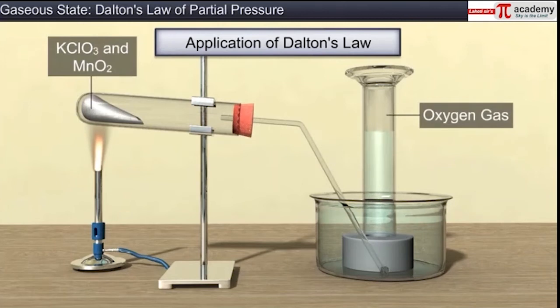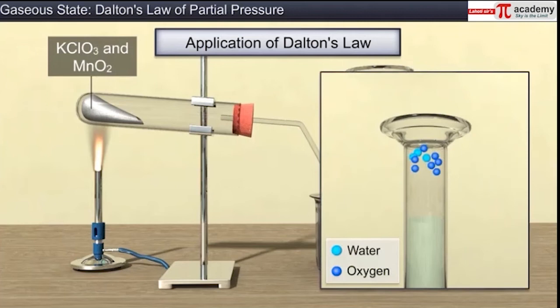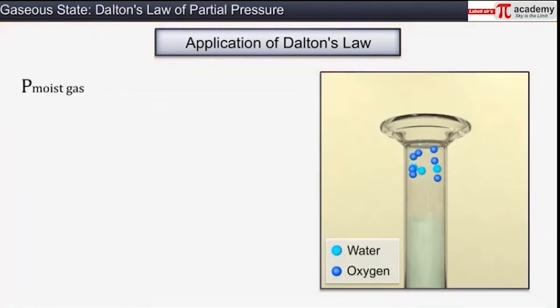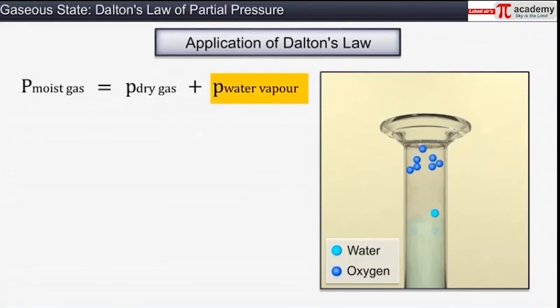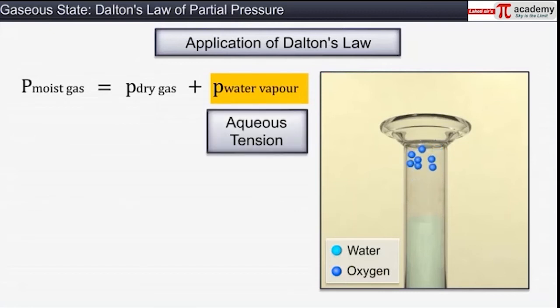As we know that a gas collected over water is saturated with water vapor, it is said to be a moist gas. The total pressure exerted by a moist gas is equal to the sum of the partial pressures of the dry gas and water vapor respectively. The pressure exerted by water vapor, which is in equilibrium with water at constant temperature, is called aqueous tension.